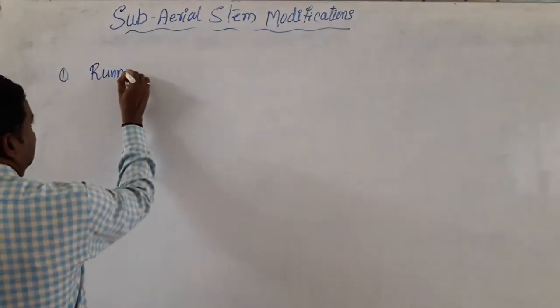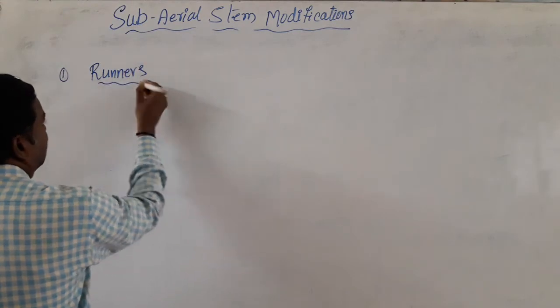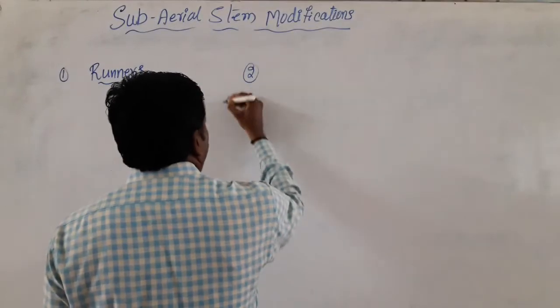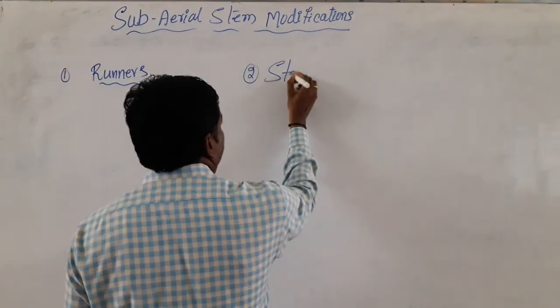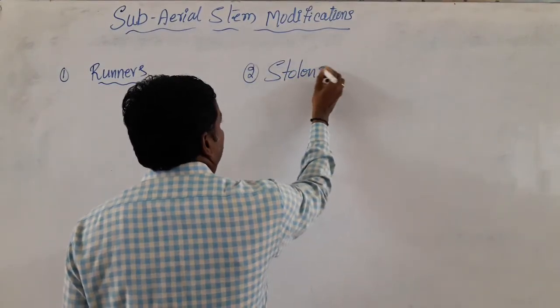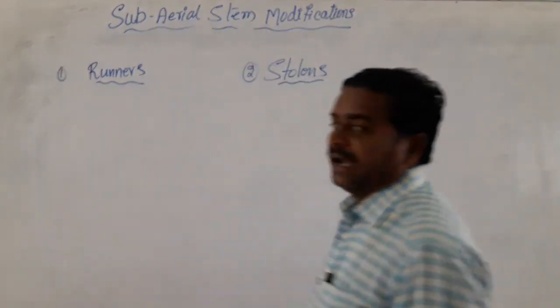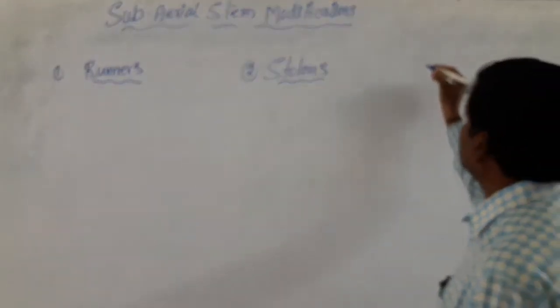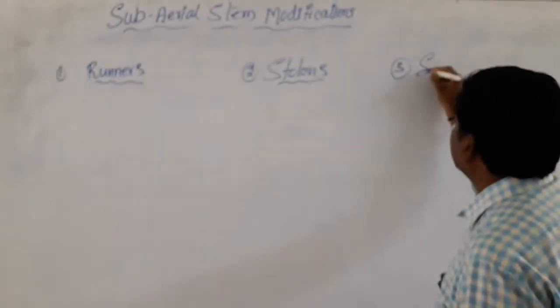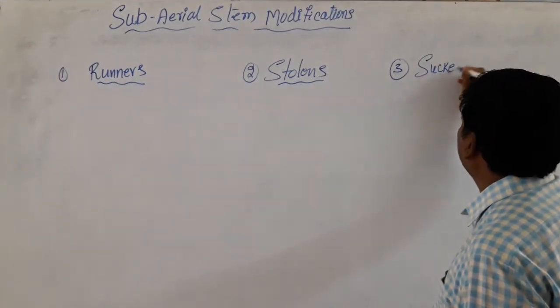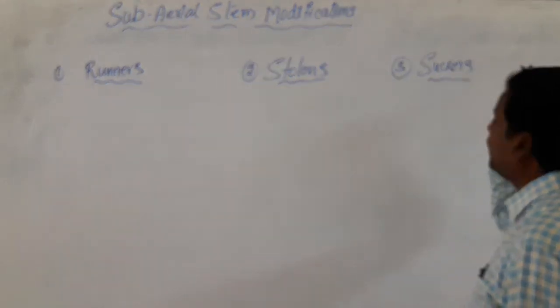One, runners. Second modification, stolons. Third subaerial stem modification, suckers.